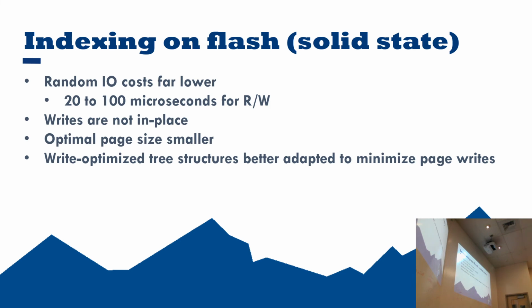So, obviously, whenever you're having a paged file, you want it to be as small as possible. Pretty obvious, right? So basically, what you're doing is using write-optimized tree structures. So instead of being optimized for reading, what these are optimized for is writing.